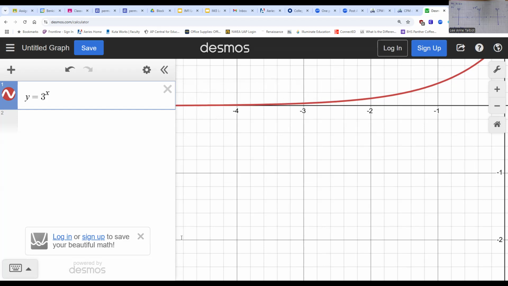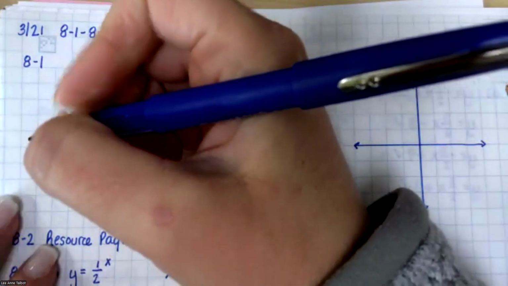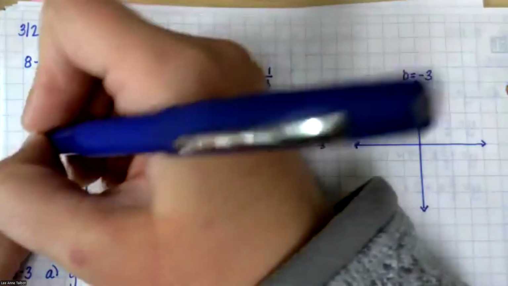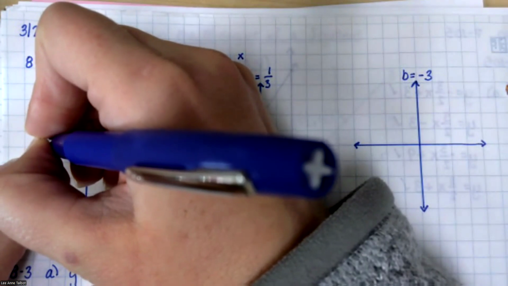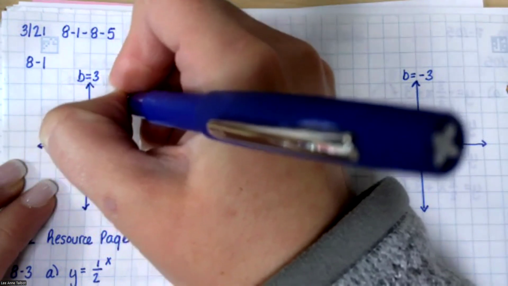Okay, so what I want to do is sketch it, but leave the tiniest bit of daylight between the x-axis and my curve.